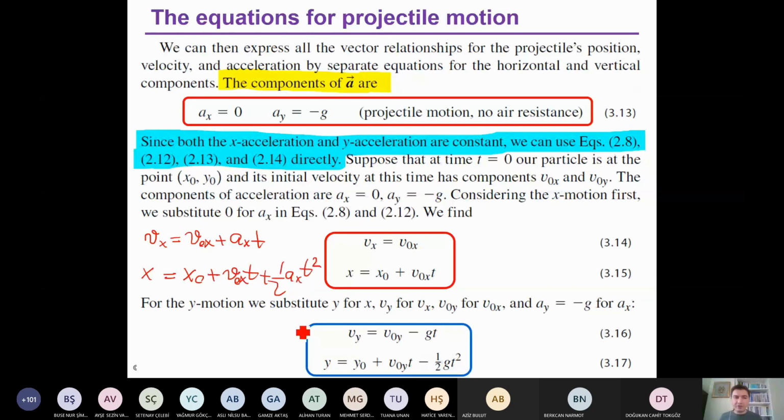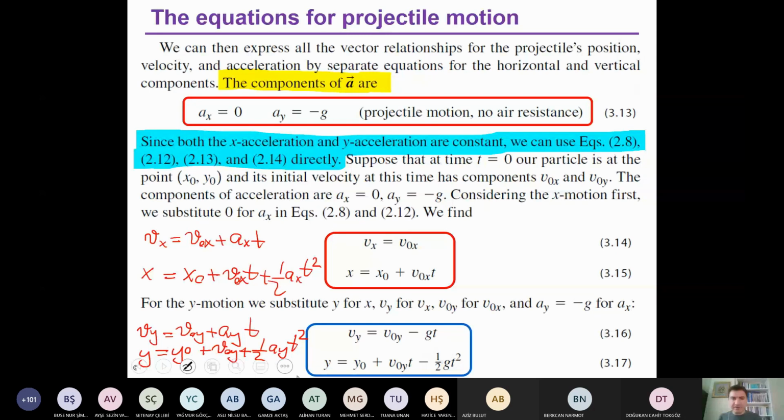And you can also write these two equations for the y-axis: vy equals v0y plus ayt, and y equals y0 plus v0yt plus 1/2 ayt squared. We have done this during the last lecture. So what is ax?